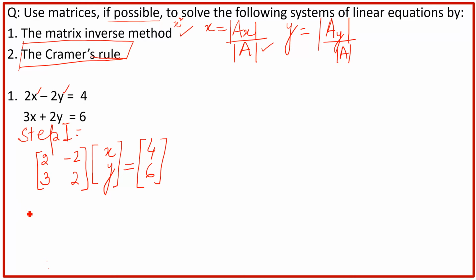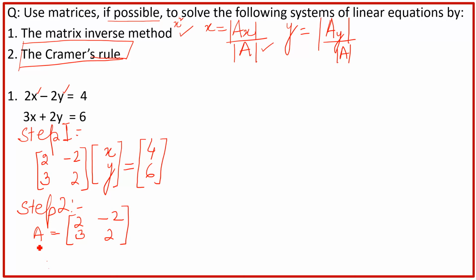Step number 2 is we have to find out the determinant, because we have to use the determinant in this formula. So this is our matrix. Here, A is equal to 2, -2, 3 and 2.